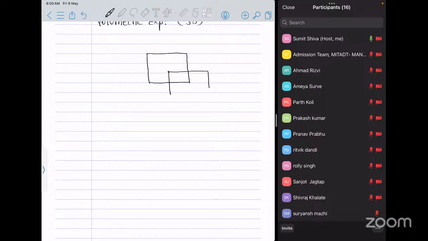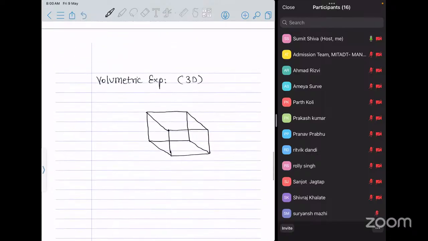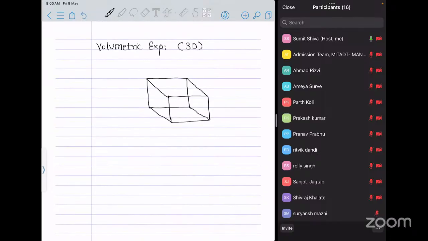And we cannot ignore any of the three. We cannot ignore length of the material, we cannot ignore height as well as breadth of the material. So we have to take into account all the three dimensions in this case. That's why we are calling it expansion in 3D or volumetric expansion.